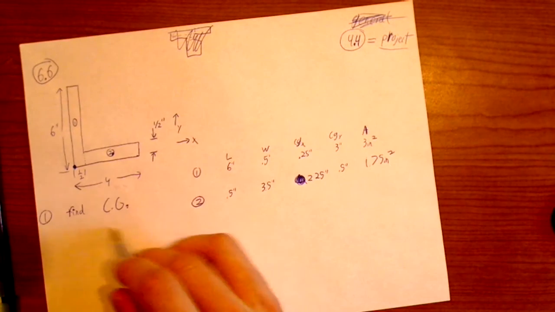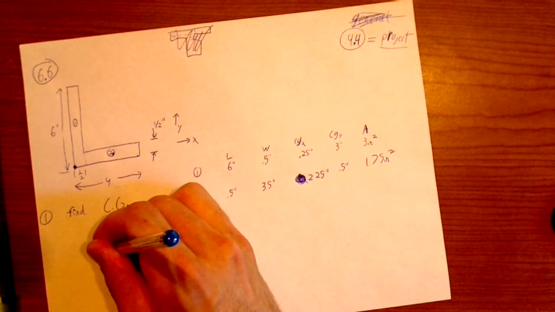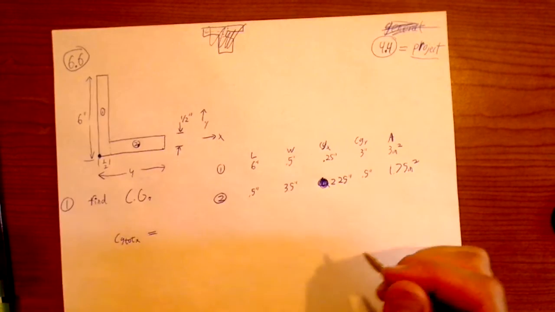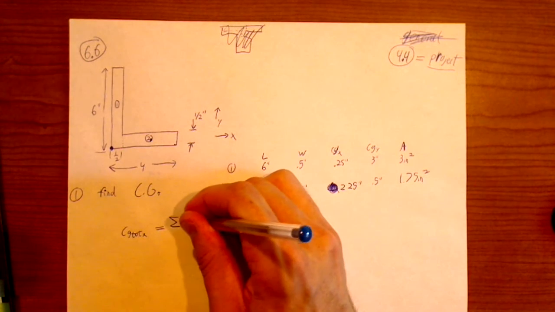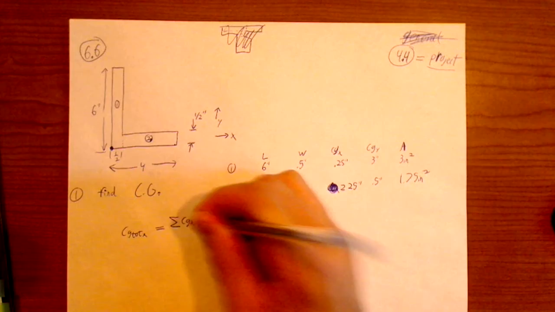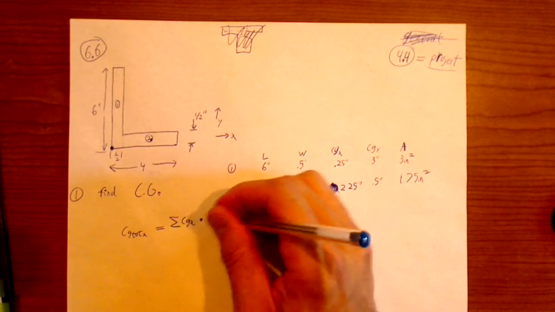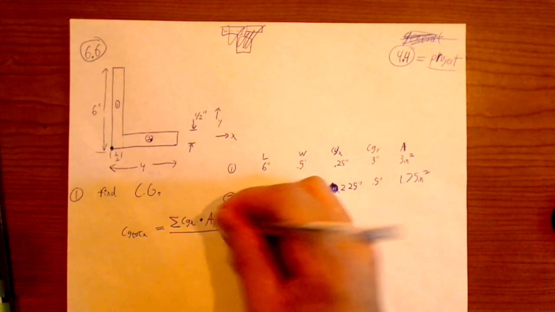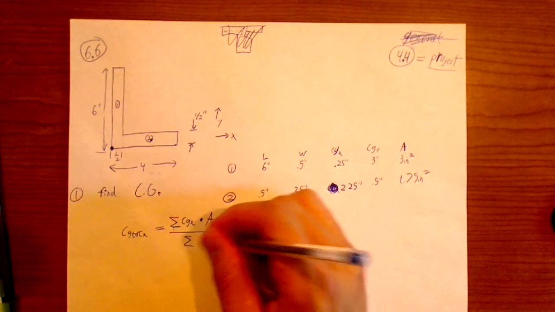Okay, so now we're going to find the center of gravity. We know that the CG for the total system in the x is equal to the sum of the CGX for the areas times the actual area, over the sum of all the areas.